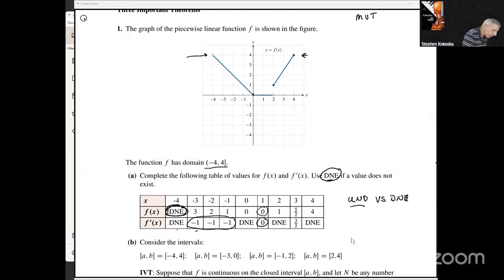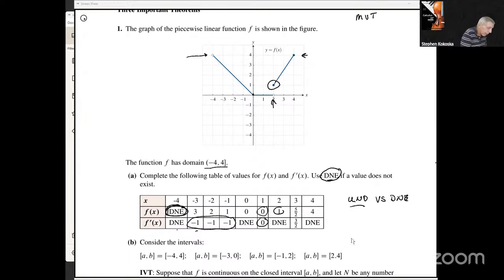At 2, the value of the function is 1. Be careful, there's an open circle right there and a solid dot there. So the value of the function at 2 is 1. The derivative doesn't exist. If the derivative exists, the function has to be continuous, and it isn't. So we know the derivative doesn't exist there.